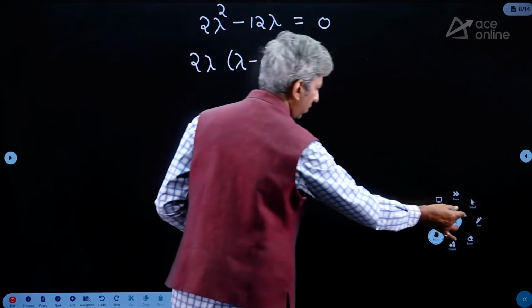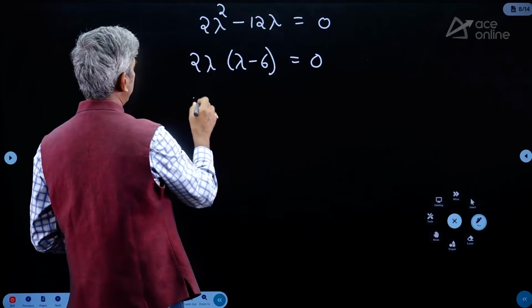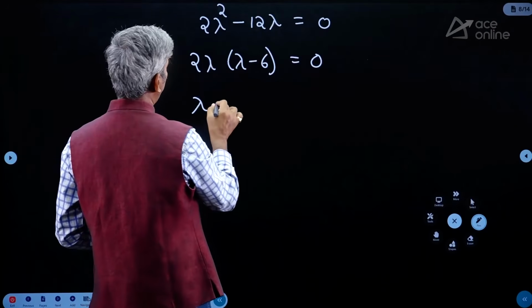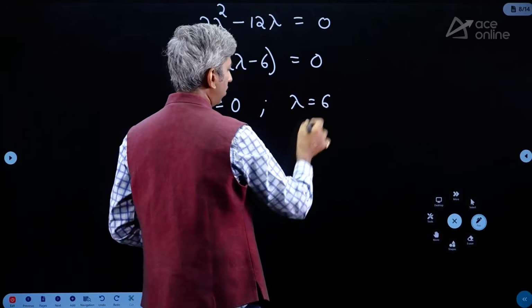Because the characteristic equation is second order, you will get 2 eigenvalues, and from the above expression we can write that lambda is equal to 0 and lambda is equal to 6.